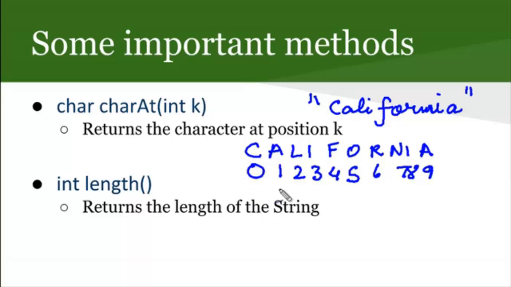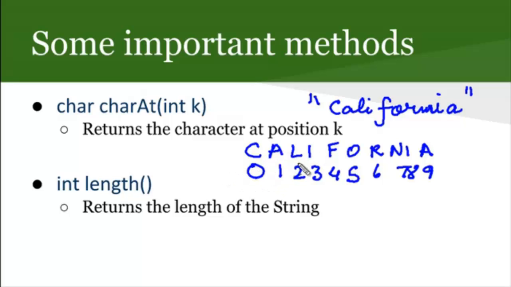The character at third position will be I, the character at sixth position will be R, the character at ninth position will be A. So if the length of the string is 10, the indexing of the string will be 0 to 9, the indexing of the characters of the string. So we always start from 0, whether we consider arrays or strings.